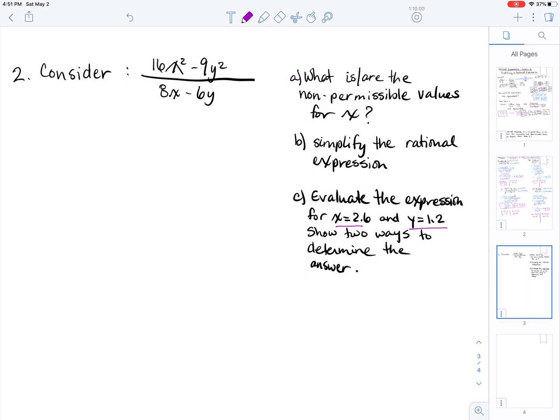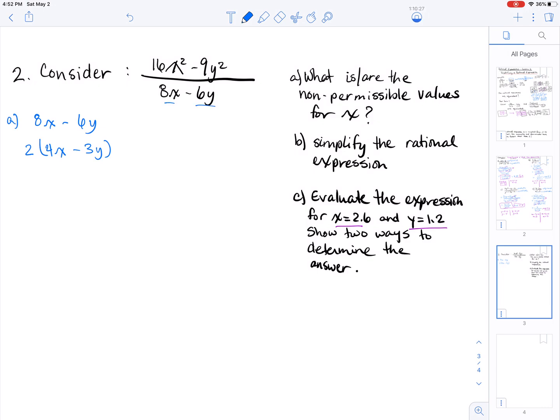Okay, so let's start with non-permissible values. Well, if I look at it, I have 8x minus 6y. I'm going to take out something common, so that's a 2. So I have 4x minus 3y.